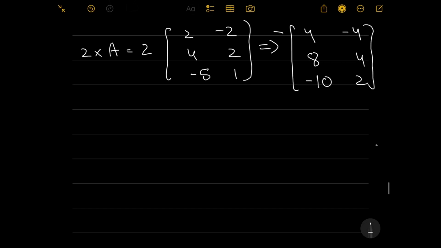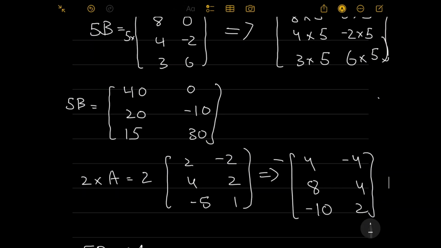So subtracting these both matrices, this is 5B minus 2A.